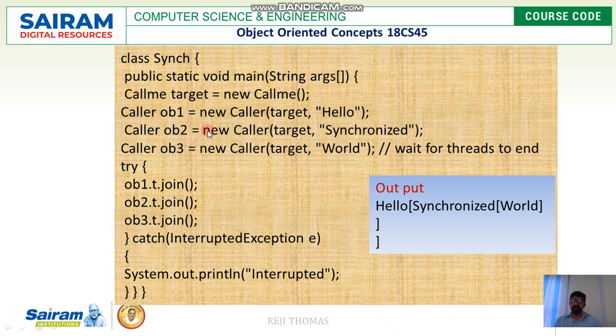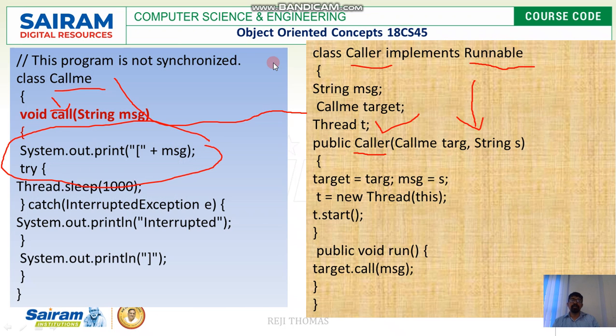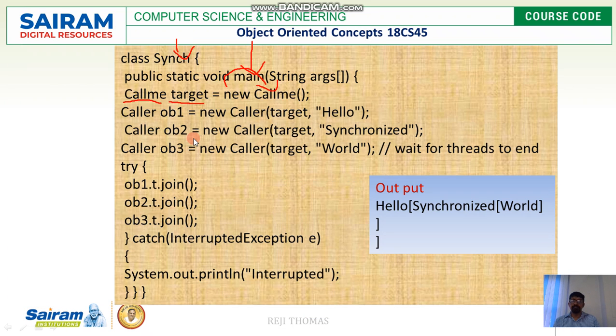Now let us see the main class where you can find the main method. This is another class called Sync. Inside this you have created an object of the class Callme, and the object name is target, which is going to invoke the constructor in Callme. Now we have created three more objects: ob1, ob2, ob3.